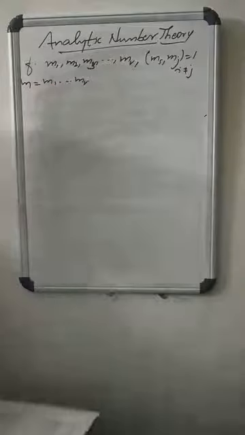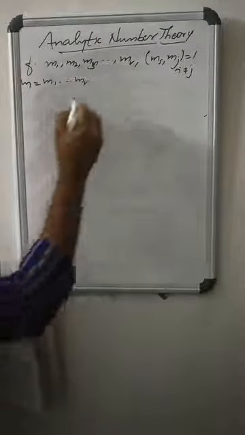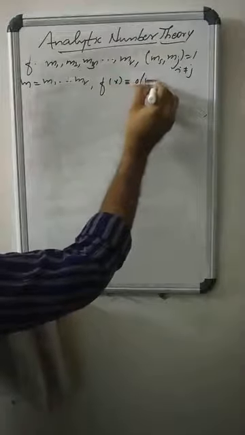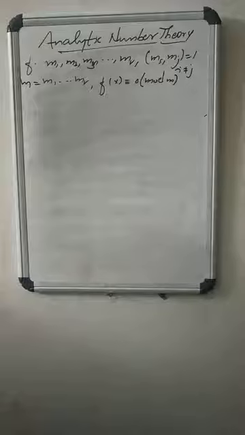That is, m equals m1 m2 ... mr. Then the congruence f of x congruent to 0 mod m has a solution if and only if each of the congruences f of x congruent to 0 mod mi has a solution.